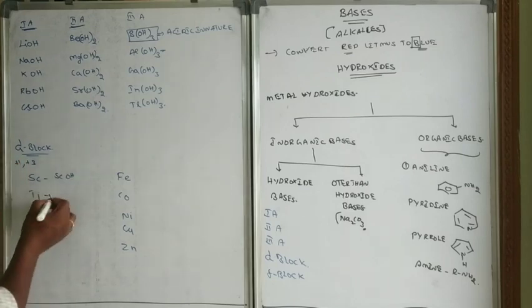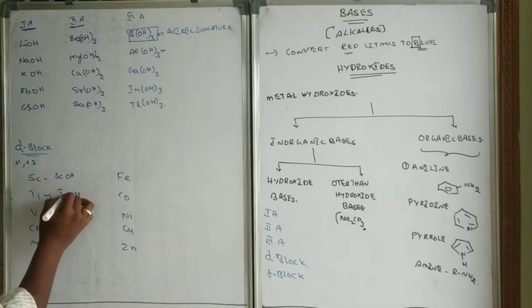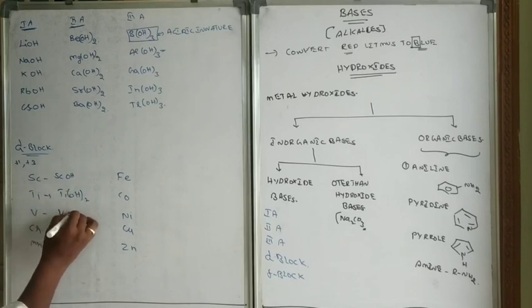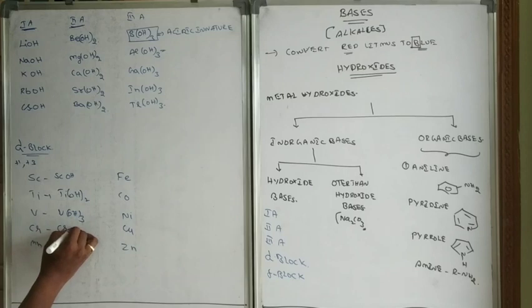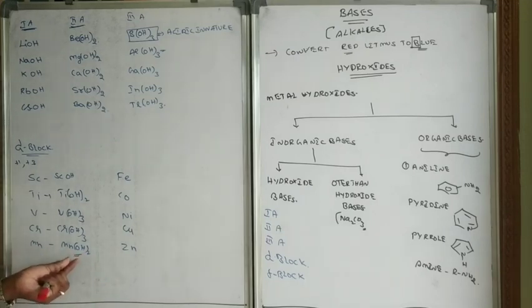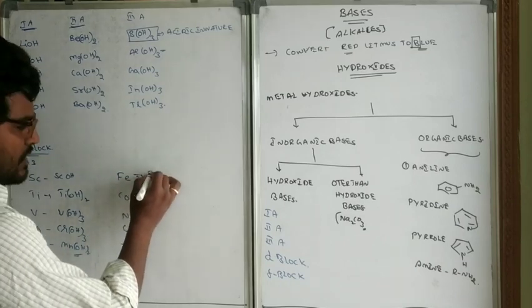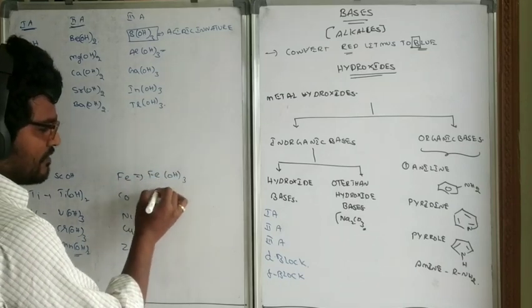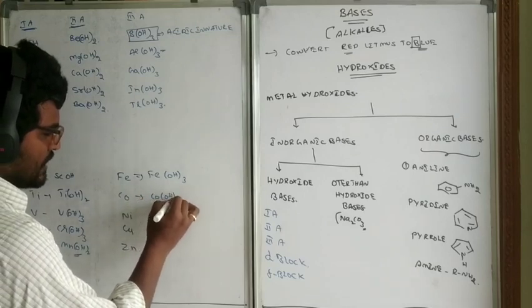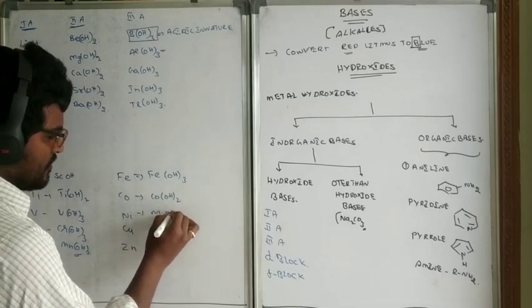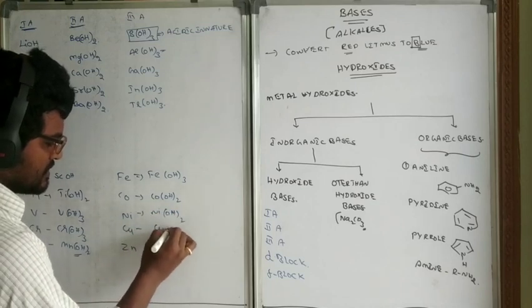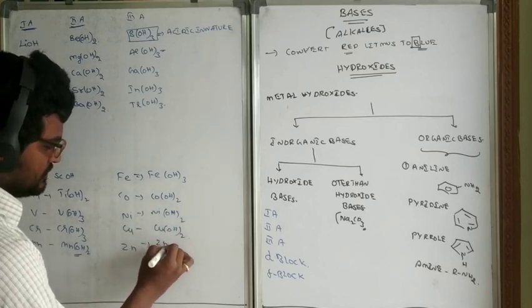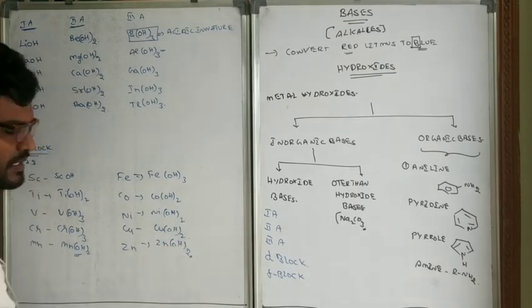Titanium hydroxide, vanadium hydroxide, chromium hydroxide, manganese hydroxide. Though it is showing +5 and +7 oxidation states, it prefers to be present in the +2 oxidation state. Iron hydroxide, Fe(OH)3, Co(OH)2, Ni(OH)2, Cu(OH)2, Zn(OH)2 will come.